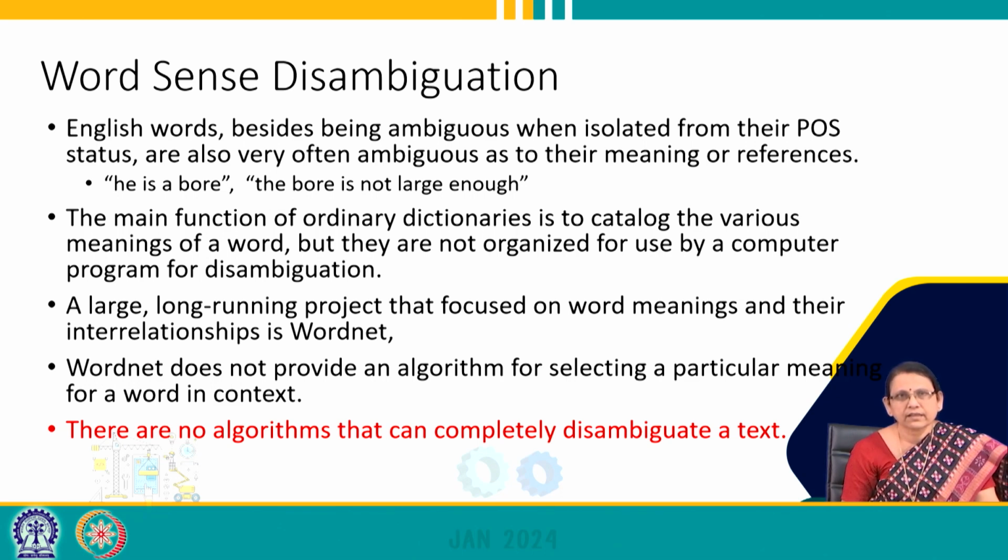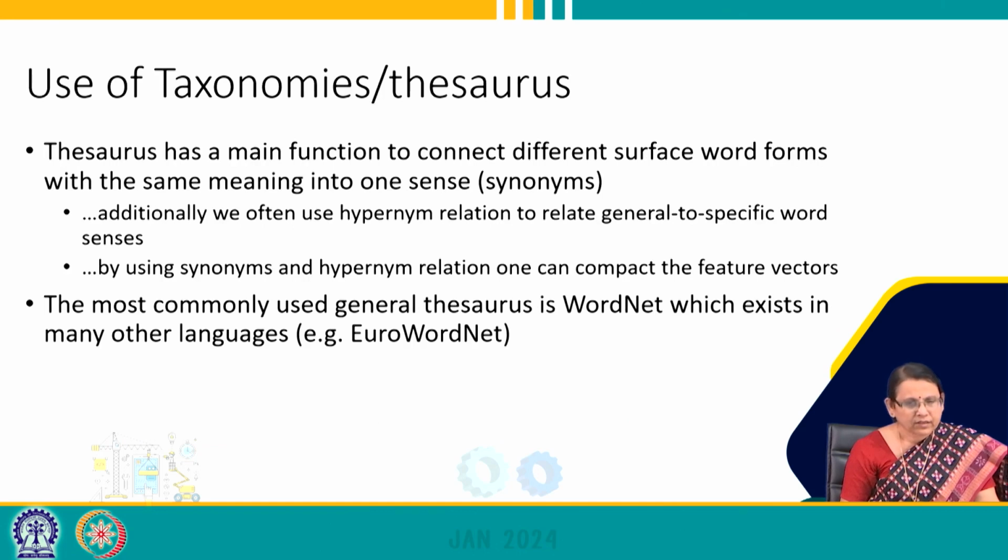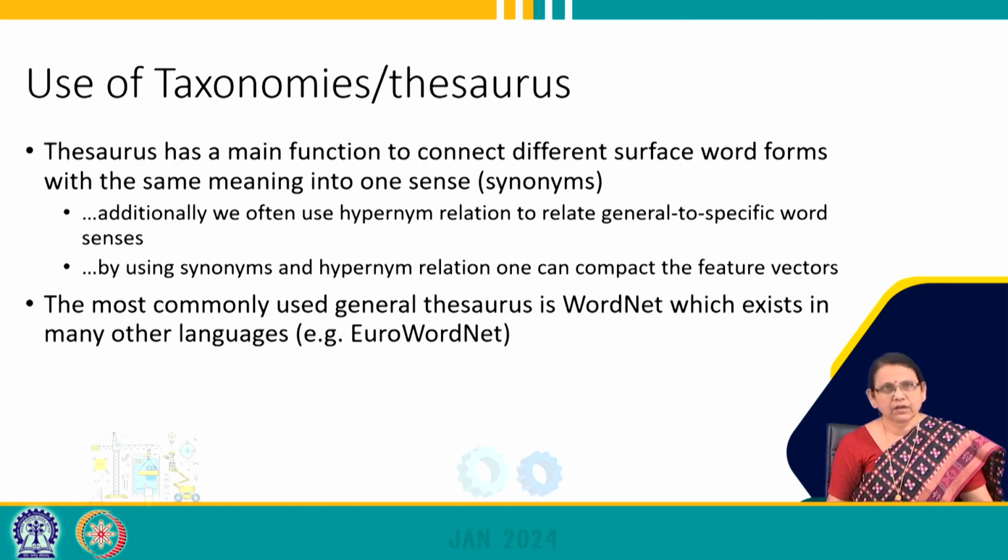There are many large scale dictionaries like WordNet. There are many projects which develop these dictionaries, which show words and their interrelationships. If you use taxonomies or a thesaurus, you can find the synonymous words and converge them into a single word.